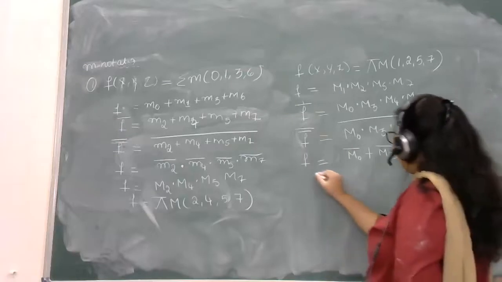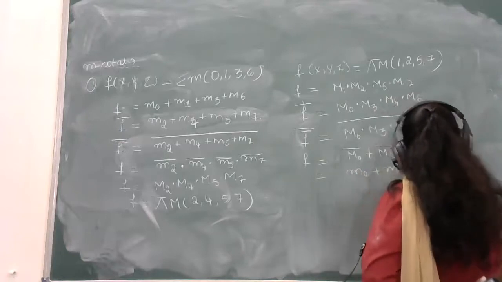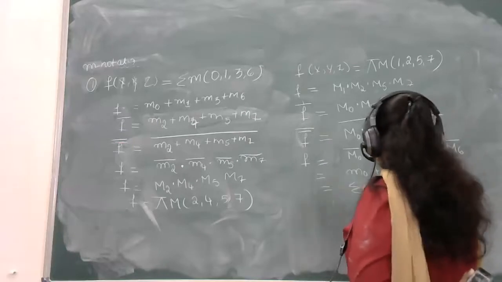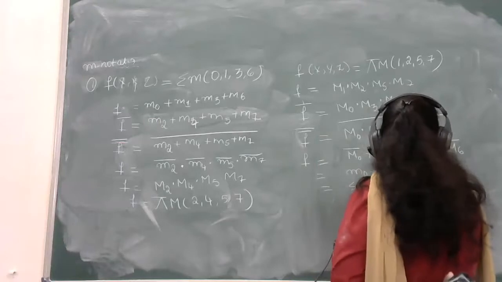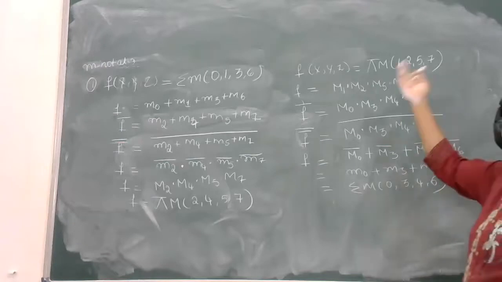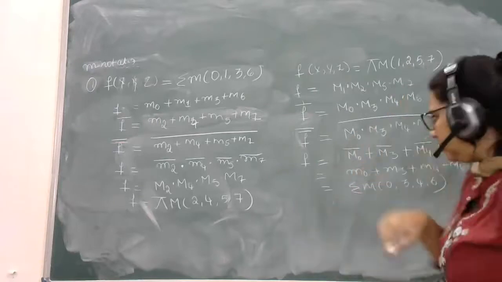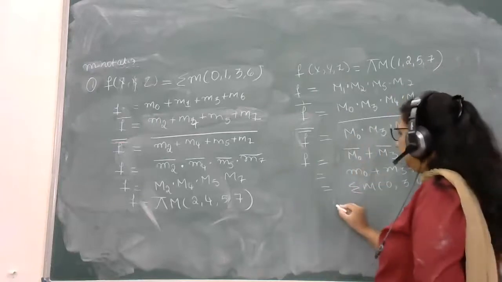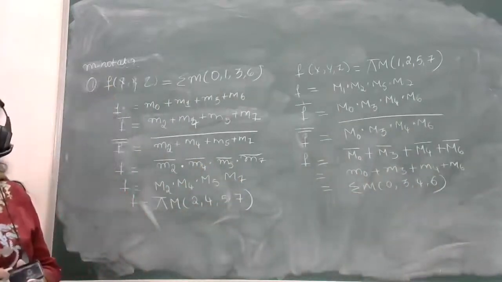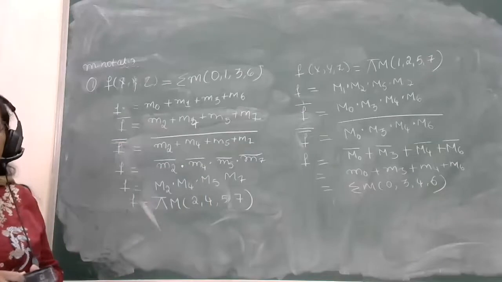So my function becomes m0 plus m3 plus m4 plus m6, which is nothing but sigma m 0, 3, 4, 6. This is how I convert pi M to sigma m. Any doubts?